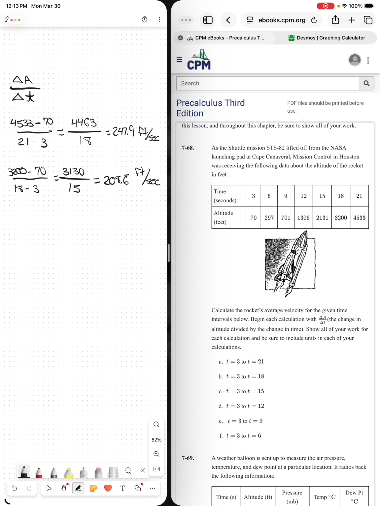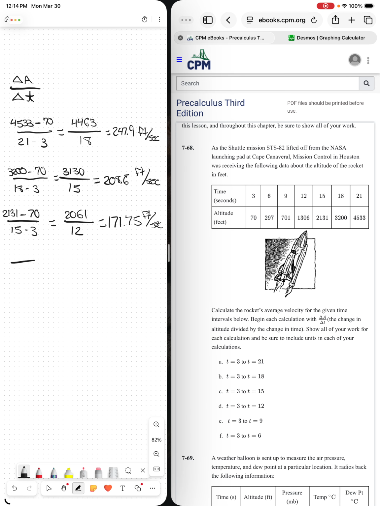Okay, so let's go to the next one. We have 15 minus 3. So again, 3 is 70, 15 is 2131. So we'll do 2131 minus 70. We'll get 2061 over 12. And that's 171.75 feet per second.